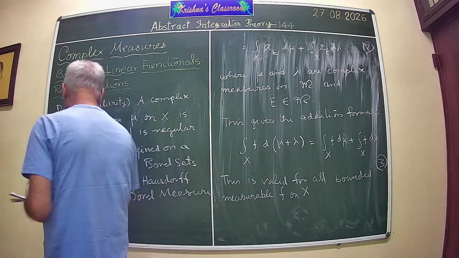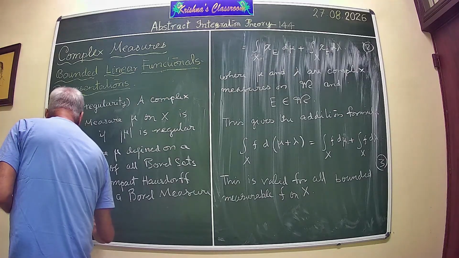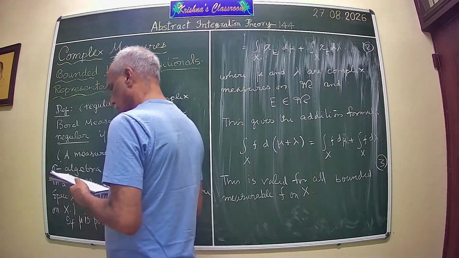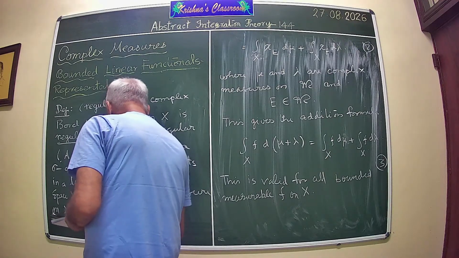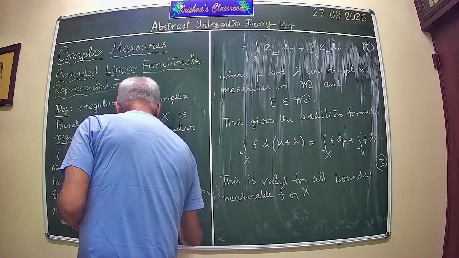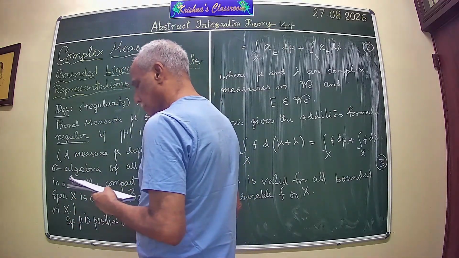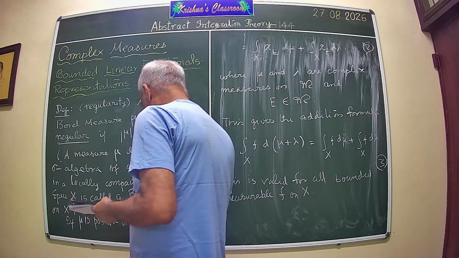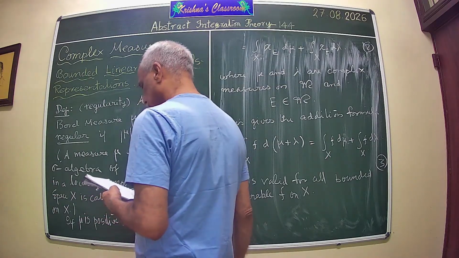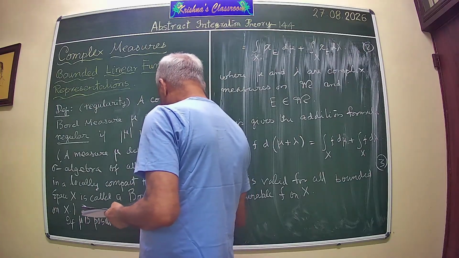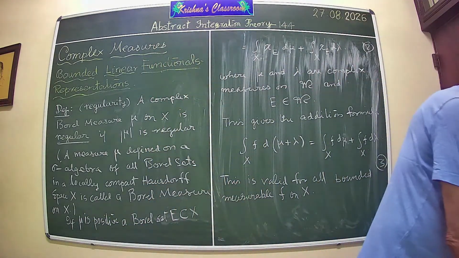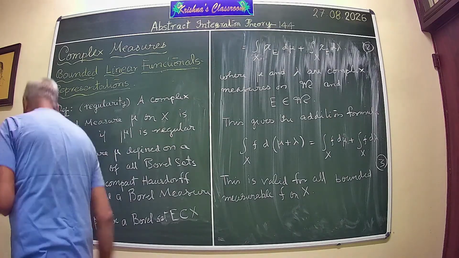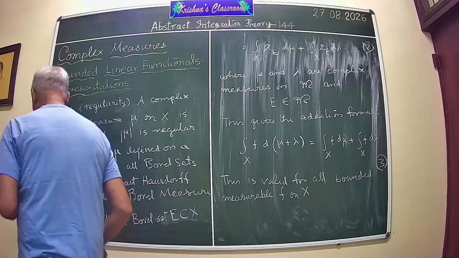If mu is positive, a Borel measure, a Borel set E is outer regular.